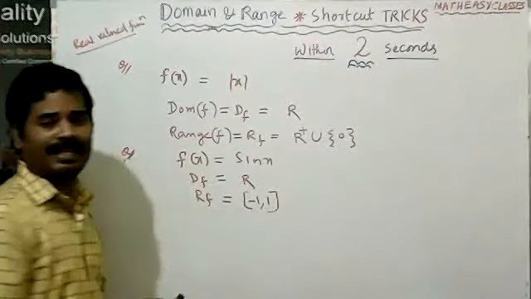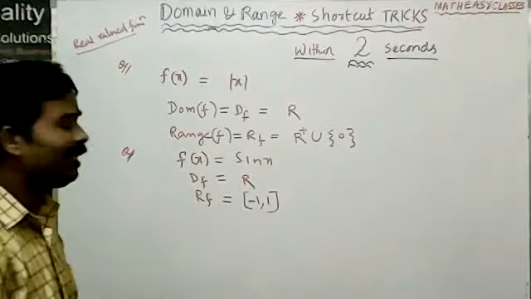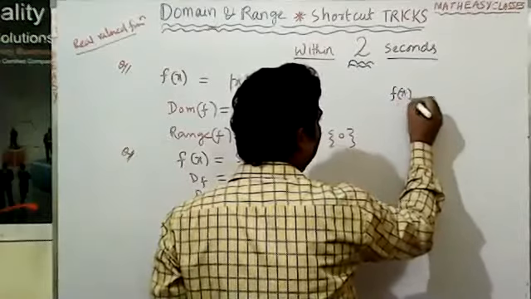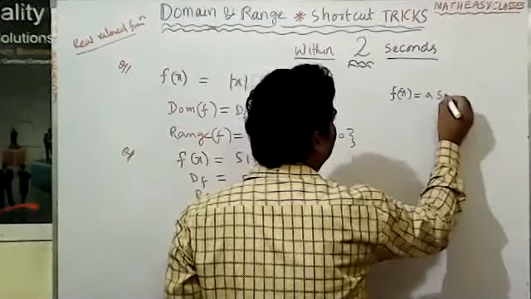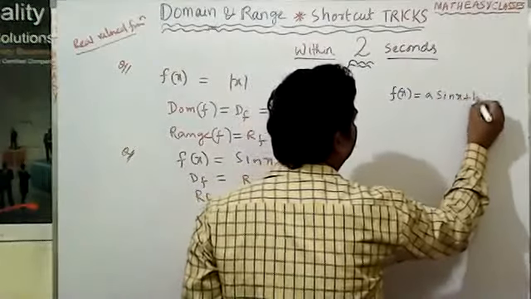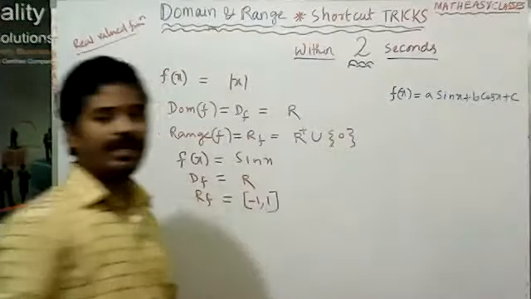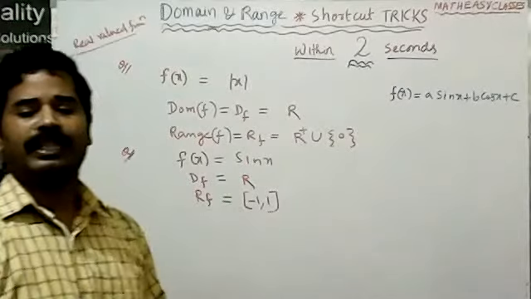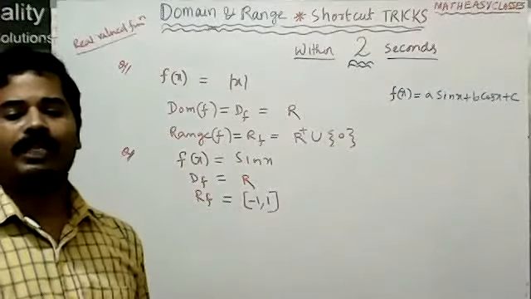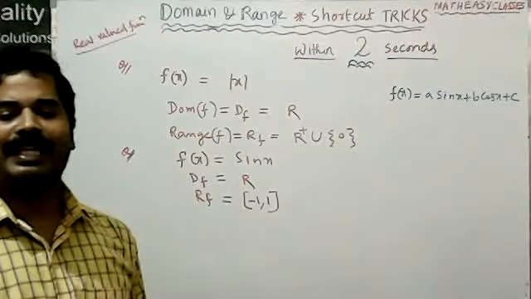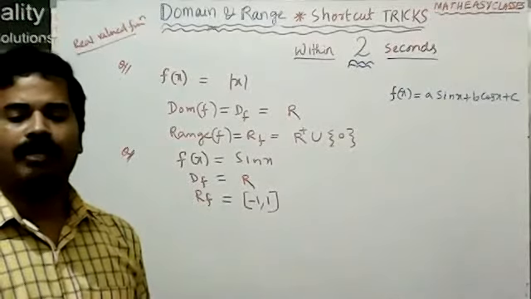If the question is a bit twisted, meaning the question is given in this way, like f(x) = a sin x + b cos x + c, then what is the range?